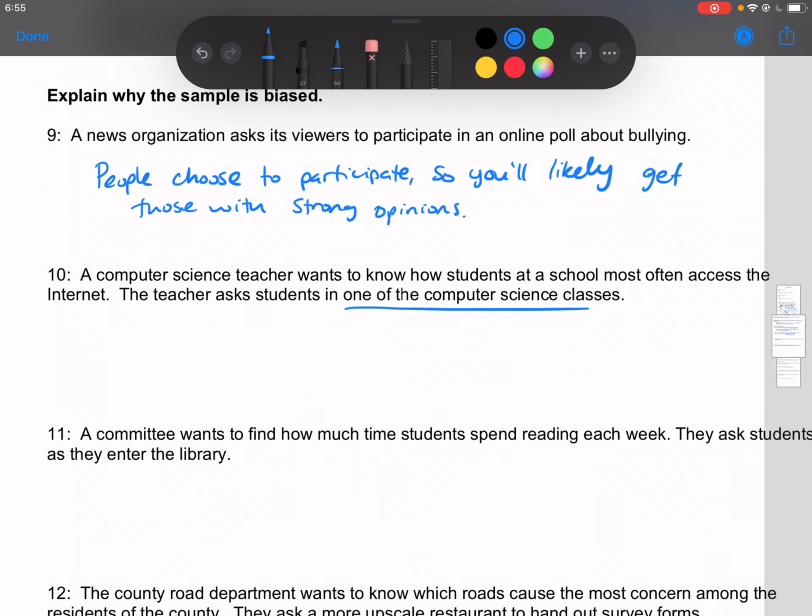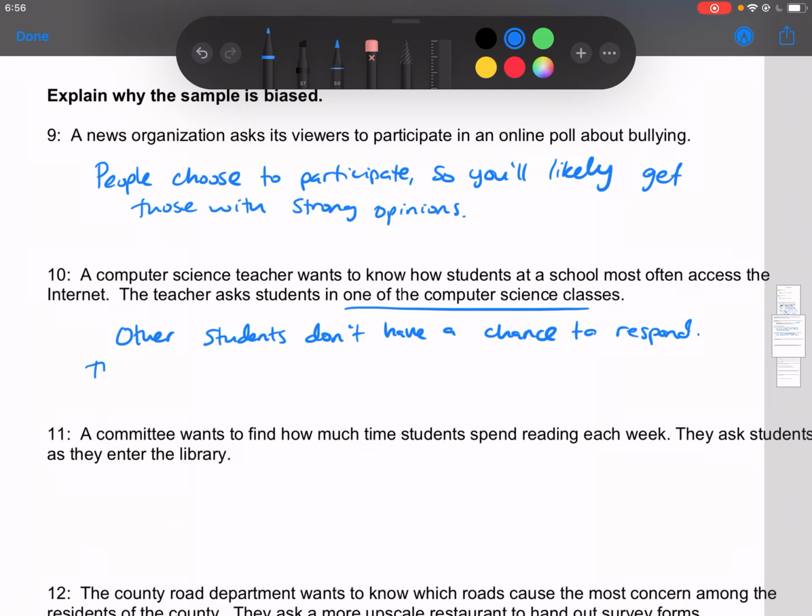So the other students don't have a chance to respond. That's one issue. You're getting a very specific subgroup, those in that computer science class.